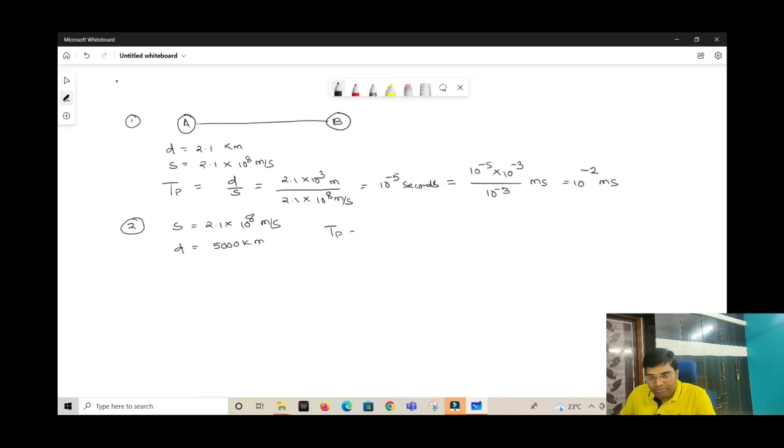So you can calculate Tp equal to d by s, that is 5000 into 10 to the power 3 meter divided by 2.1 into 10 to the power 8 meter per second. You just calculate what the answer will be. Just remember that propagation delay is normally considered in terms of milliseconds or microseconds. This is the unit we use for propagation delay.